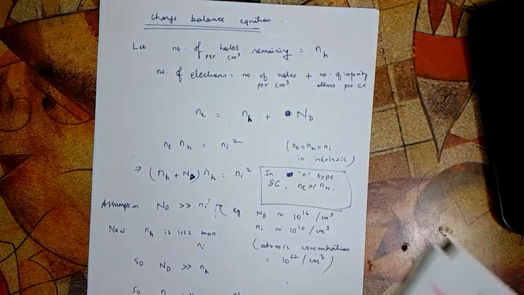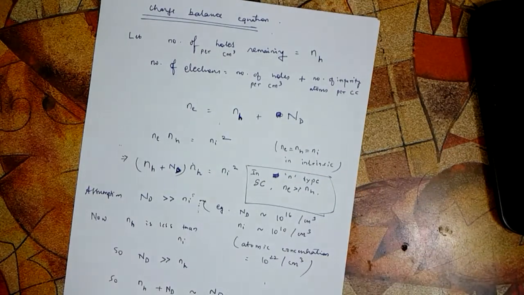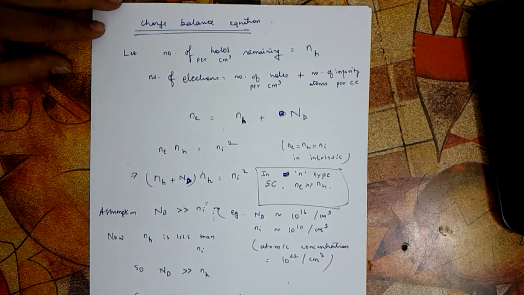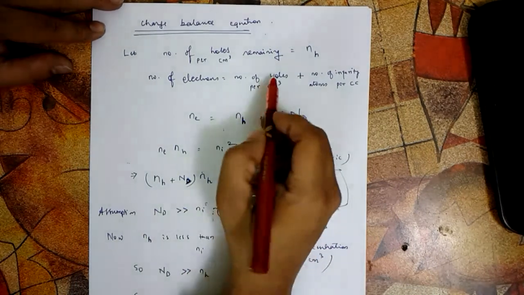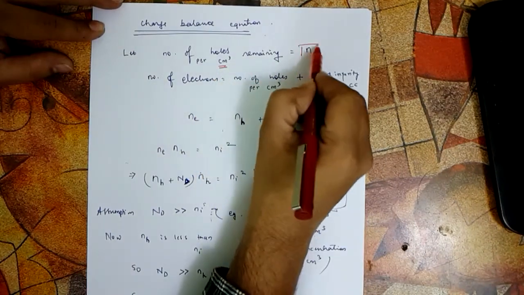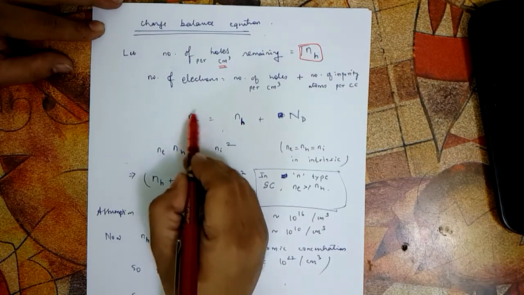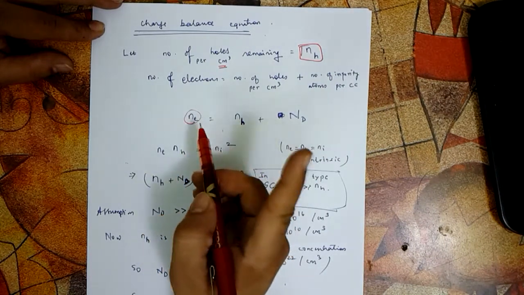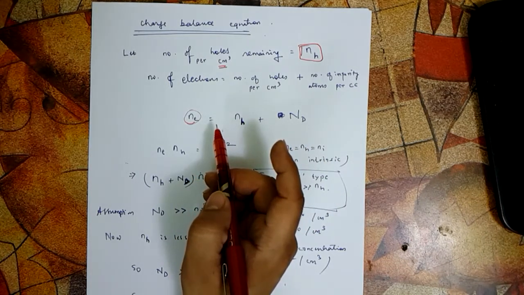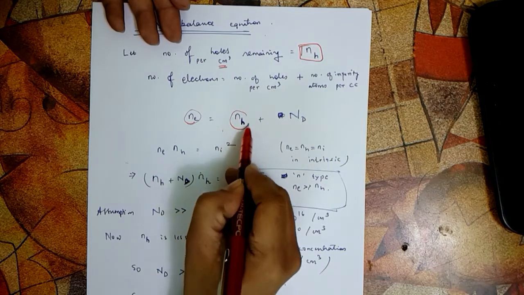Now let's say after some of the holes are destroyed, when the electrons go into them, the number of holes remaining per centimeter cube is Nh. So how many electrons should be there? For each hole there should be one electron. Obviously, one hole will be created when the electron has gone out.